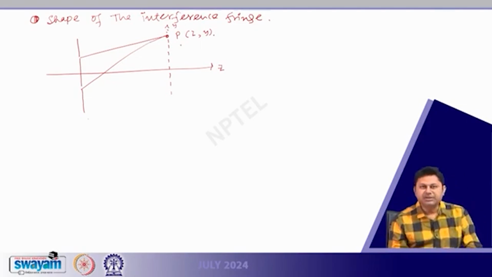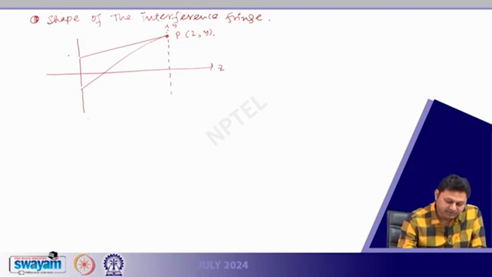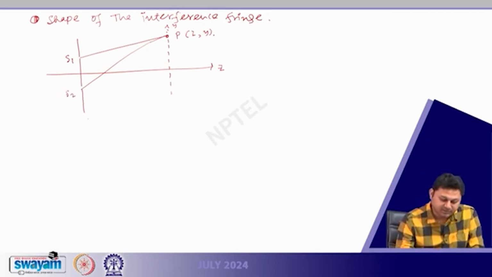If I now shift this dotted line over this z axis, to the right and left, the fringe pattern will change and the shape of the fringe will change accordingly. So we will find the equation that describes the shape of the fringe, that is, the locus of this point P.